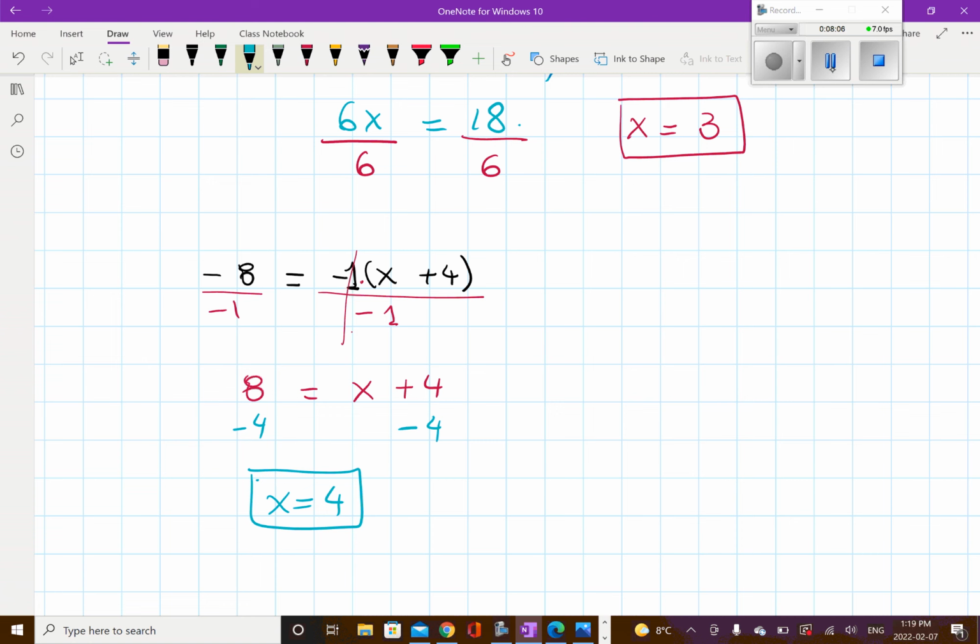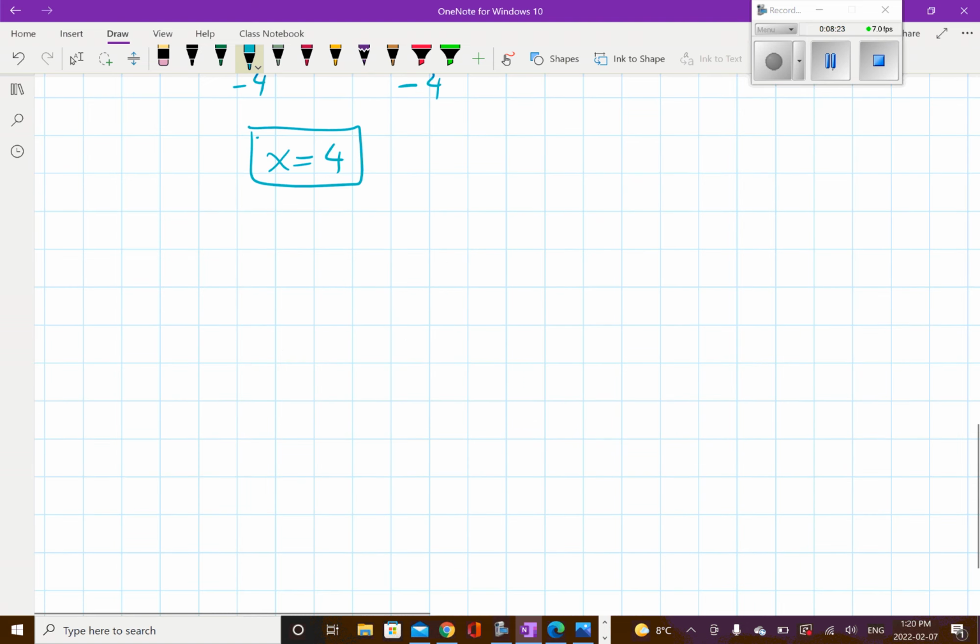Another thing that we see in science is what is known as literal equations. What do we do when we are solving for a variable using literal equations? We are following the same logic as we do when we have numbers.